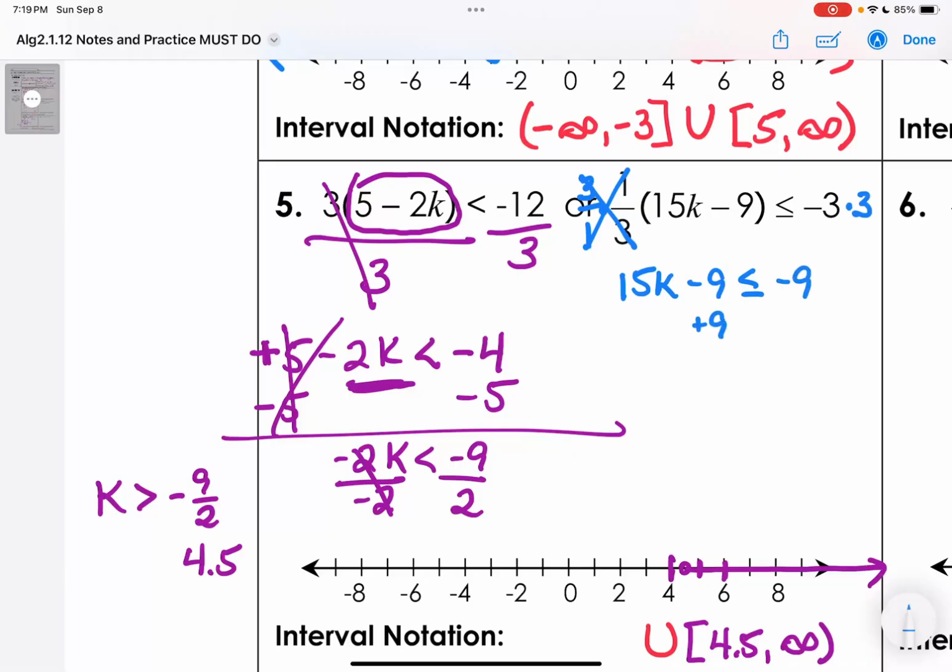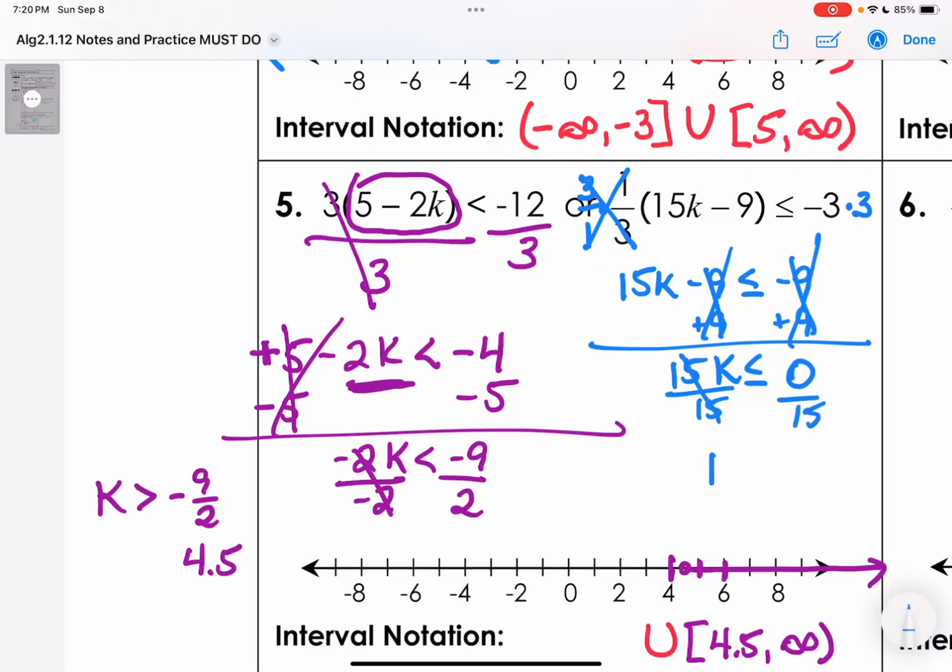Then I just need to add 9. So don't get confused by this. You still have to write the 0, even though they cancel, you still have to bring the 0 down and say less than or equal to 0. So it's 15k. Then when you divide by 15, you still have k less than or equal to 0.